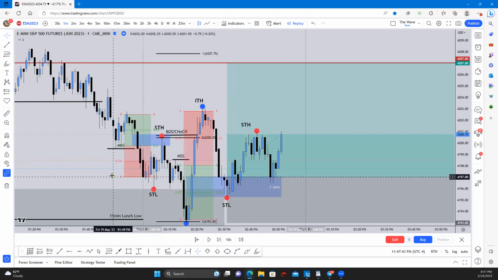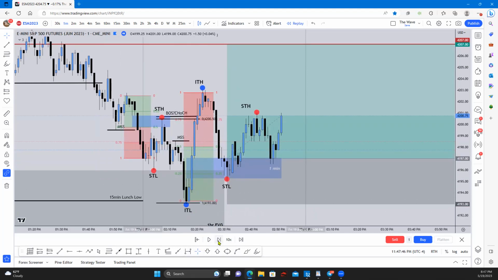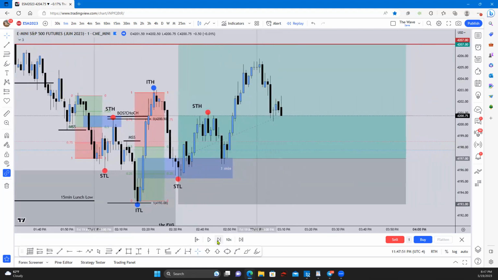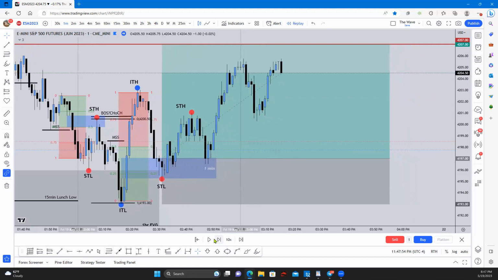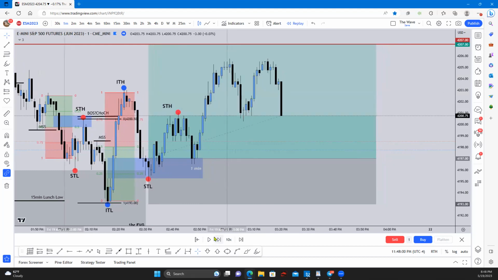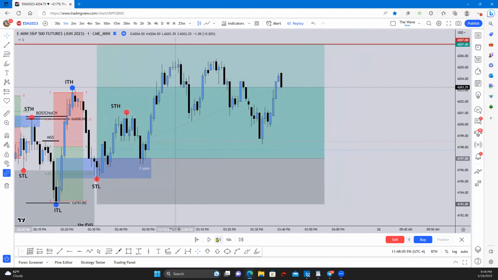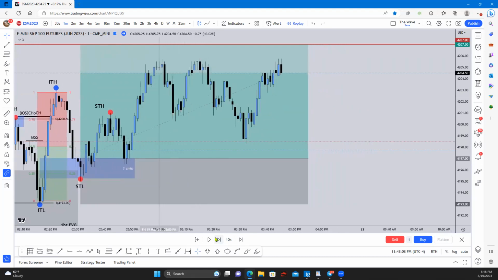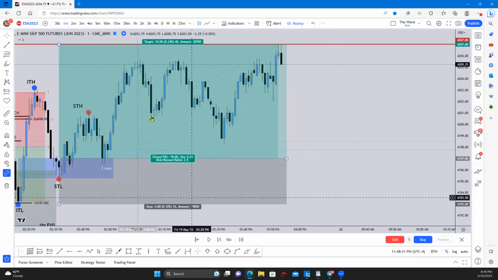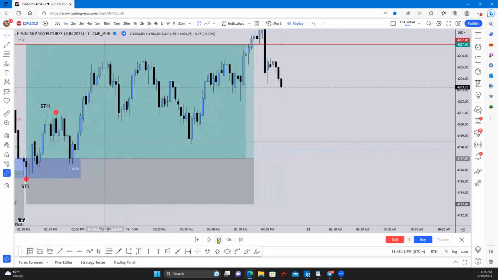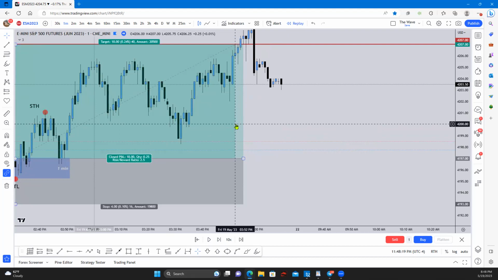We know this ITL was going to hold. We run up. And boom, right there, your 10 points are hit right at just before 4 o'clock.